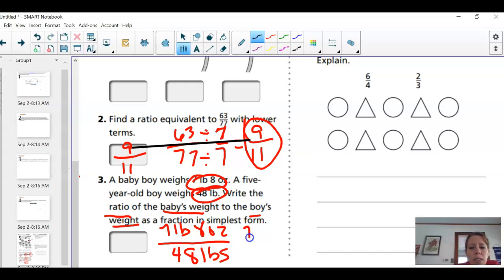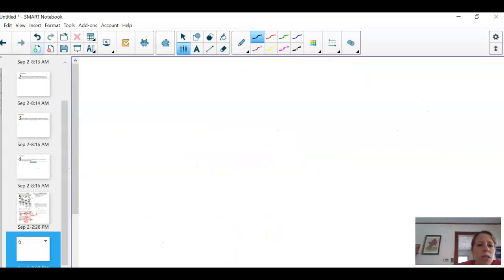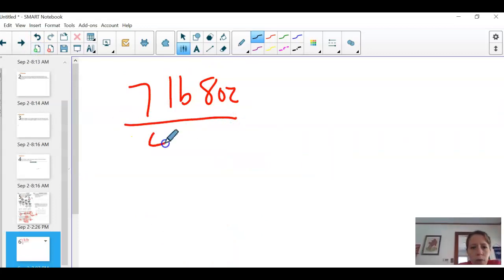So I'm going to take the 7 pounds and multiply that times my conversion factor, which is that 16 ounces equal 1 pound. I'm going to go ahead and open this on a new slide because it looks kind of busy. So 7 pounds 8 ounces over 48 pounds.